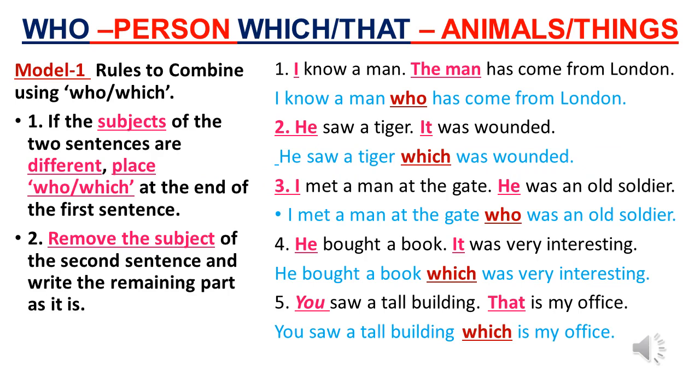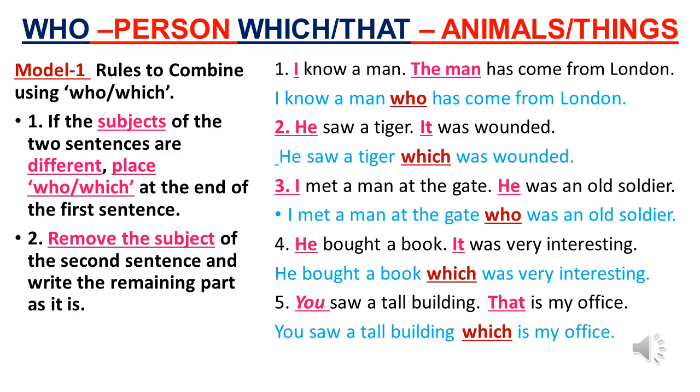Here I am going to explain it with two rules. Rule number 1. First, look at the question. There are two sentences. Look at the subjects of the two sentences. If the subjects of the two sentences are different, then write the first sentence and place the conjunction at the end of the first sentence.